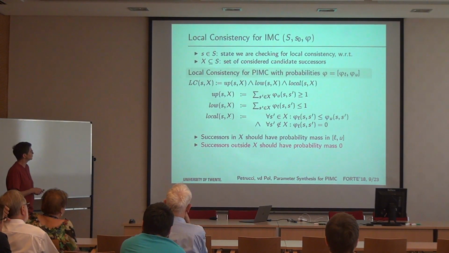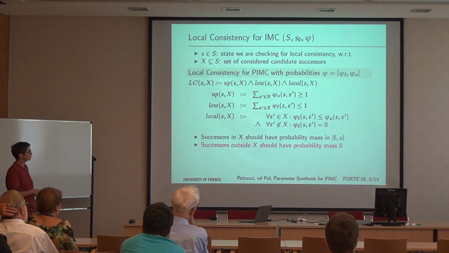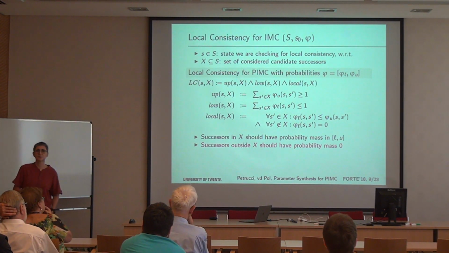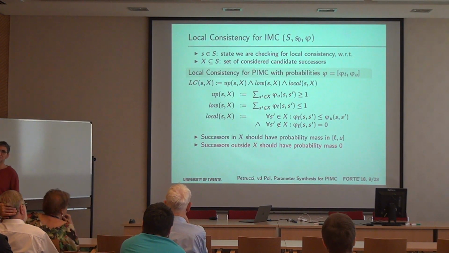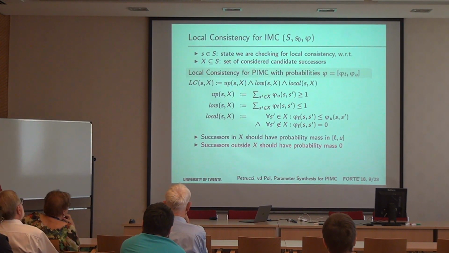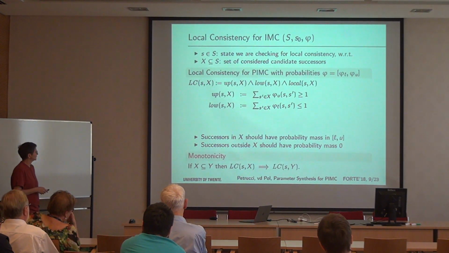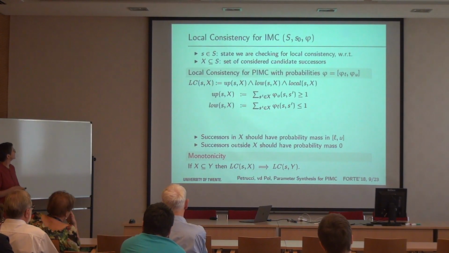And if I have a state which is not in X, then the lower bound must be 0, because I must be able not to go there. So to go there with probability 0. Right? Okay. And this is monotonic.